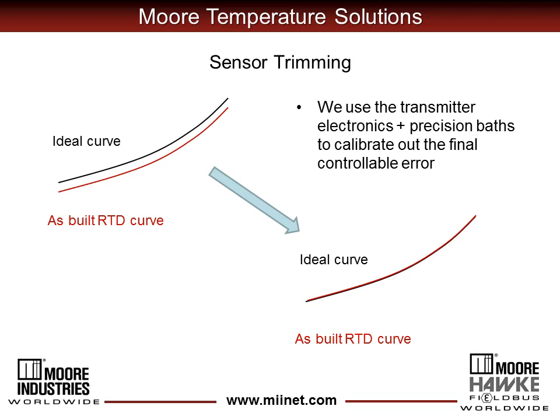One is a bath calibration technique, and the other is Callendar-Van Dusen. Both will eliminate that final bit of sensor error.